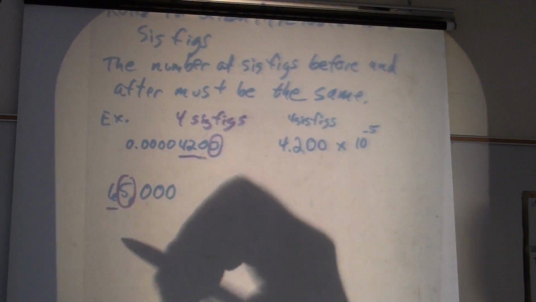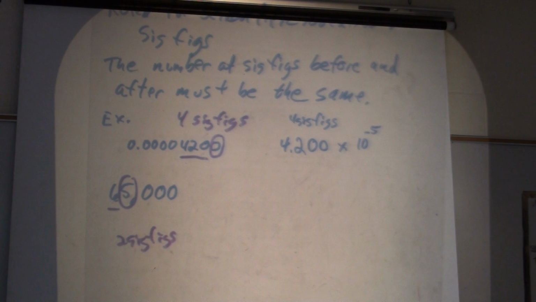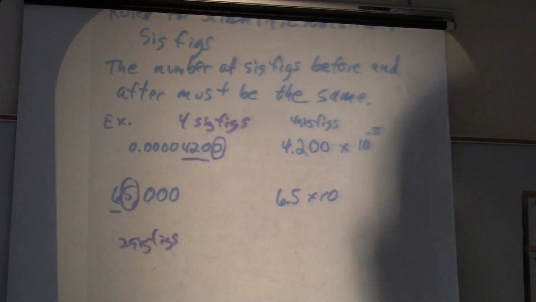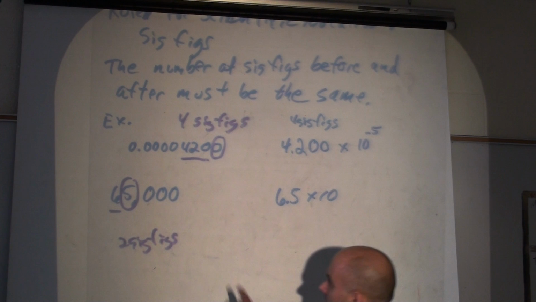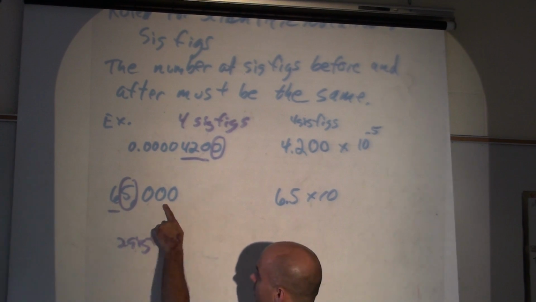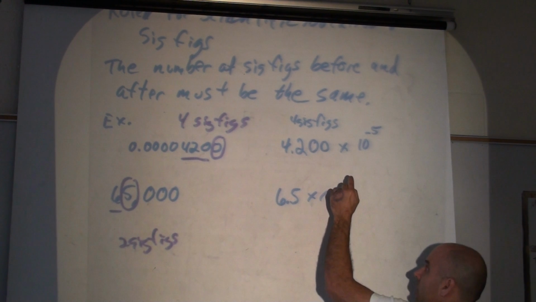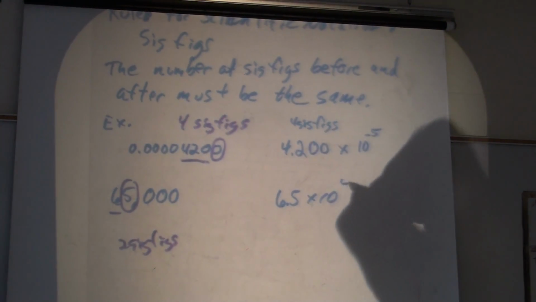There's the guess, that I'm sure of, 2 sig figs. So when I'm all done, I have to have 2 sig figs. So this number becomes 6.5. That gives me 2 sig figs. Now here I'm shifting to the left. 1, 2, 3, 4. If I shift to the left, my exponent should get bigger. And so it becomes 4.